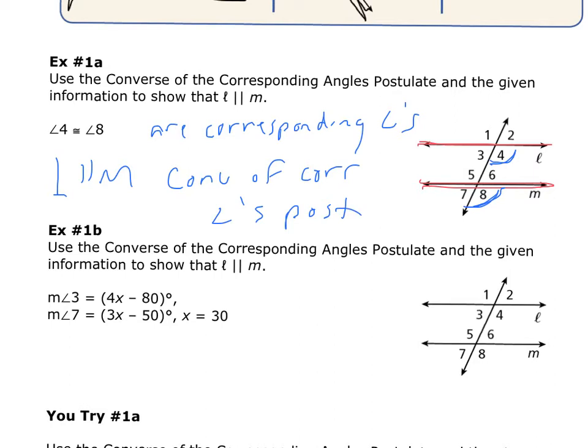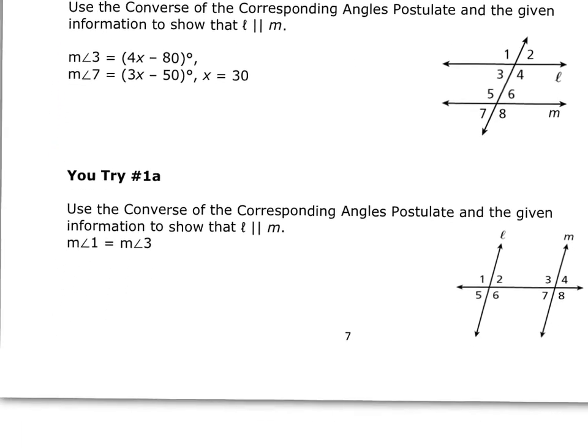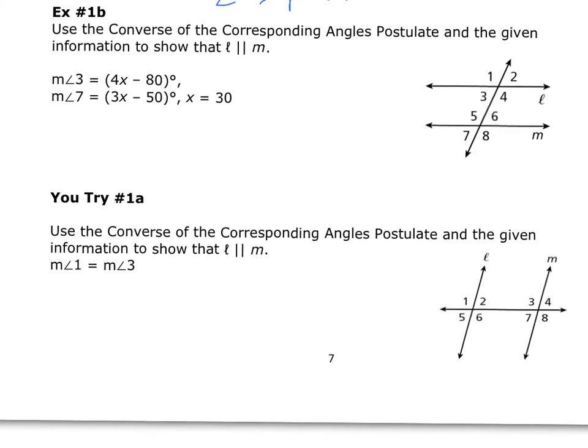Sorry for my handwriting, I know it's not the best. So L is parallel to M because of the converse of corresponding angles postulate. These are not very long, they shouldn't take you very long. Make sure you take your time and remember your postulates. Let's look at a few more here.